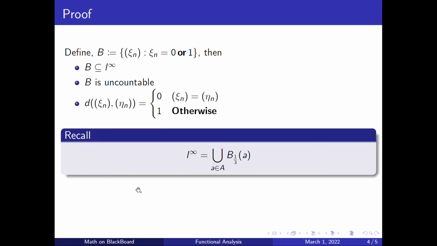So now again recall what we have just shown in previous slides, that is, L infinity can be written as this union on the right hand side. Firstly we had here that B is a subset of L infinity, and L infinity can be written as a union of open balls around each point a. Then we can conclude that B is a subset of this union.